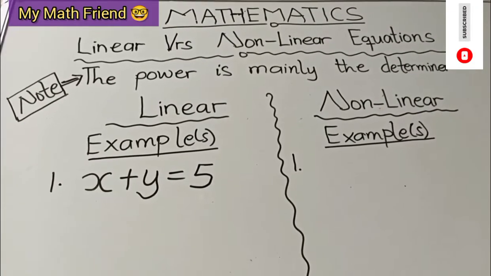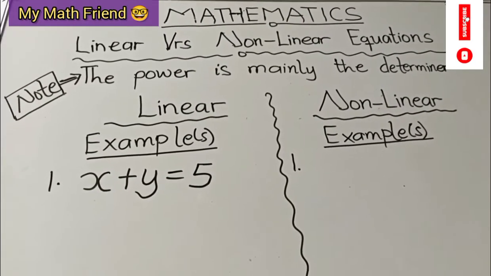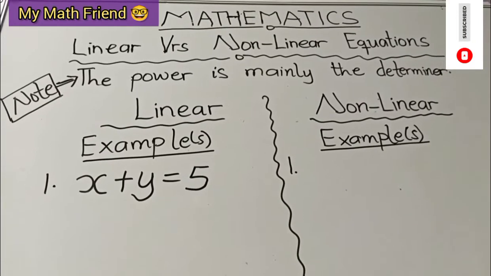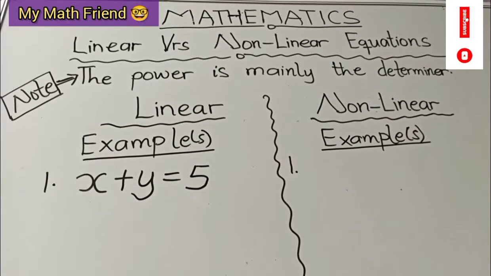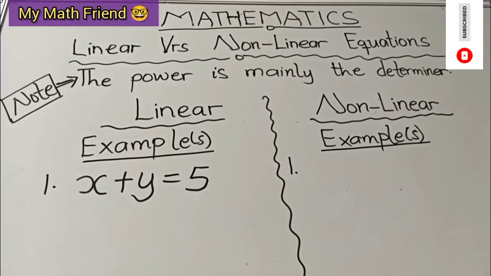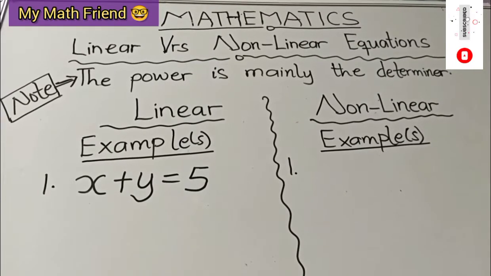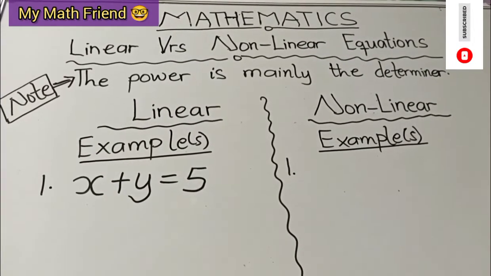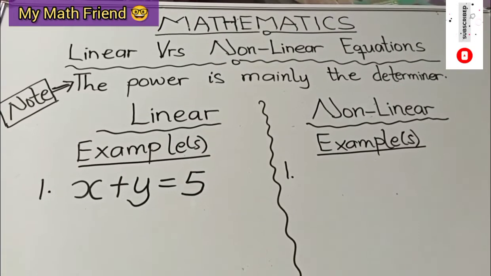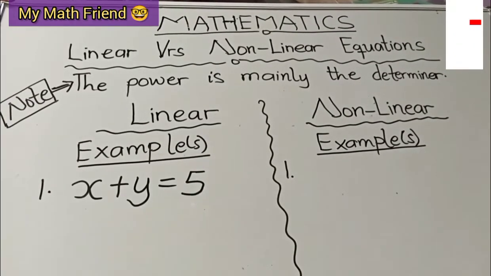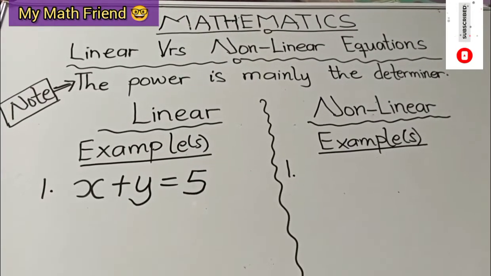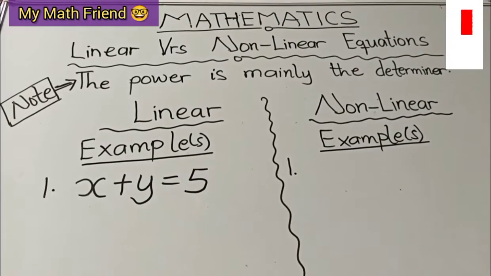We have two types of linear equations: linear equations in one variable and linear equations in two variables, also called first degree equations. So this is a linear equation in two variables, which means you have two letters, x and y.